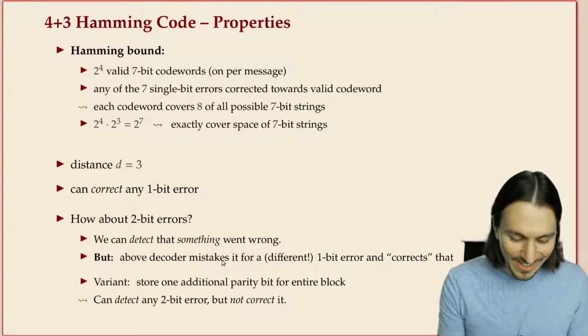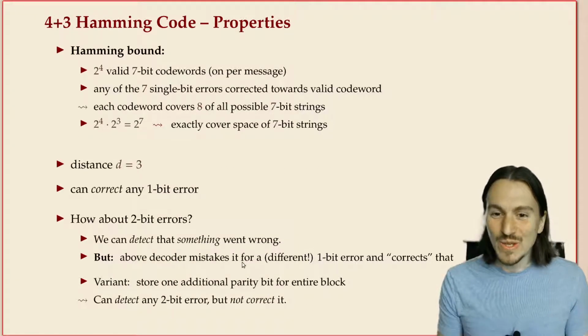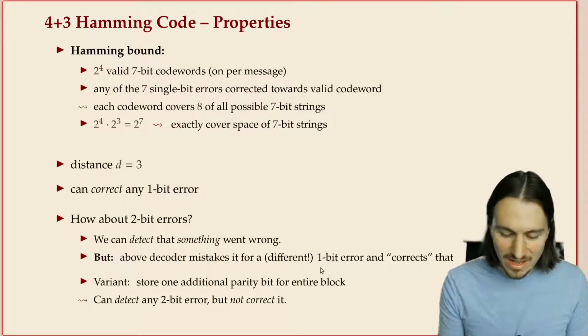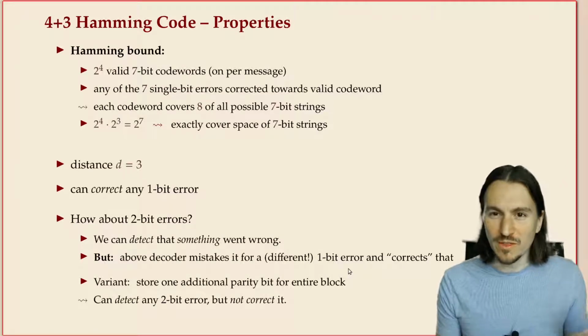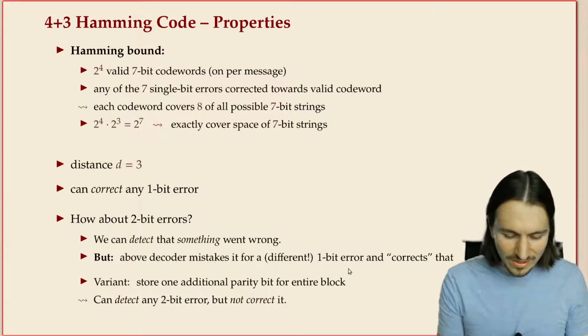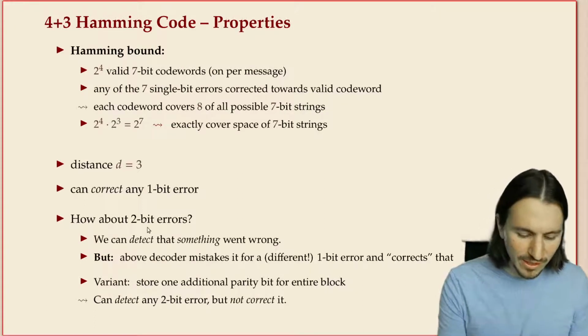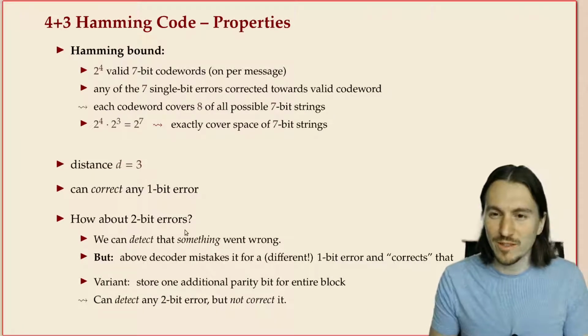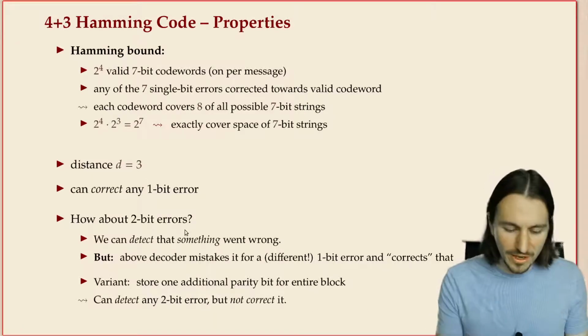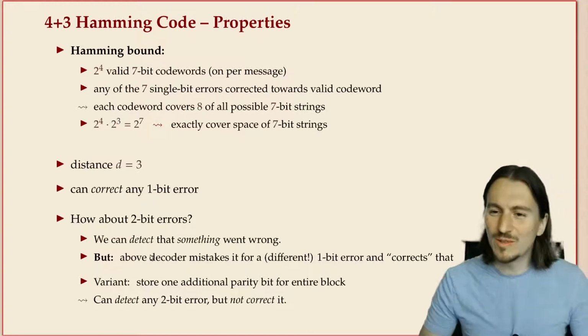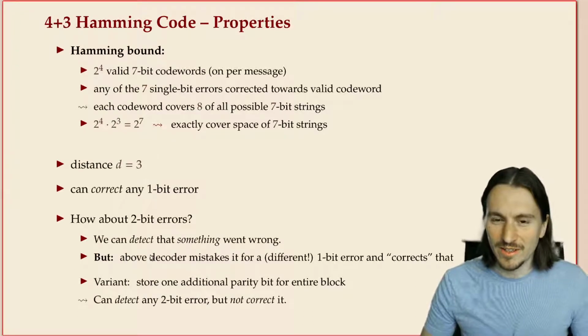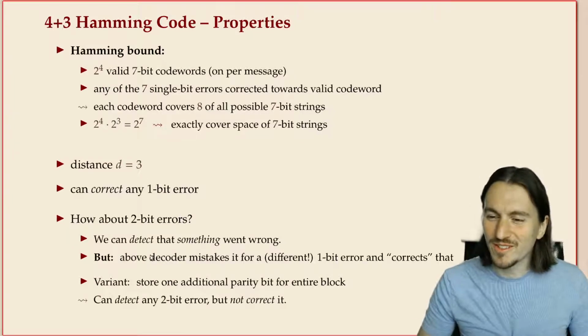But the decoder will eagerly mistake this 2-bit error as a 1-bit error from a different code word and correct that 1-bit error, taking us actually further away from the original message. So in this case, Hamming codes fall short of achieving everything that the theory predicts might be possible. They can always correct 1-bit errors, but they cannot detect 2-bit errors. If 2 bits are flipped, you correct that in another direction.